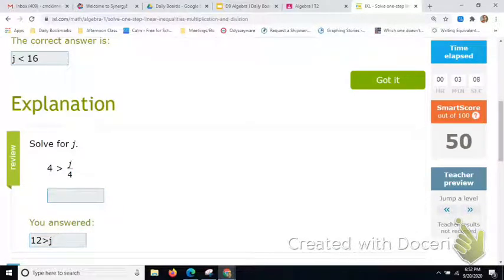But notice what I had said, 16 is greater than J, that means the same thing. That would have been okay. That's not the reason I missed it. I missed it because I typed in a 12.